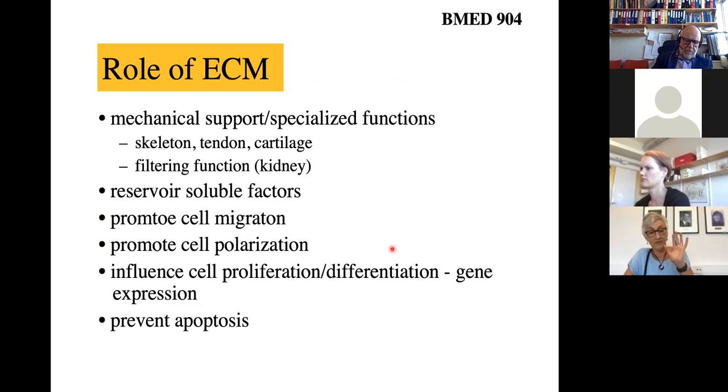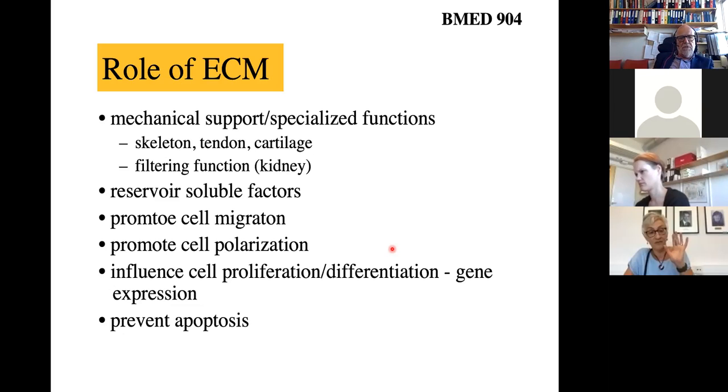So with that, my time is up, and in the last 30 seconds, we can look at this summary of the role of the ECM. So the ECM is above all, and very importantly, a mechanical support. But with time, we realized it has many more functions.